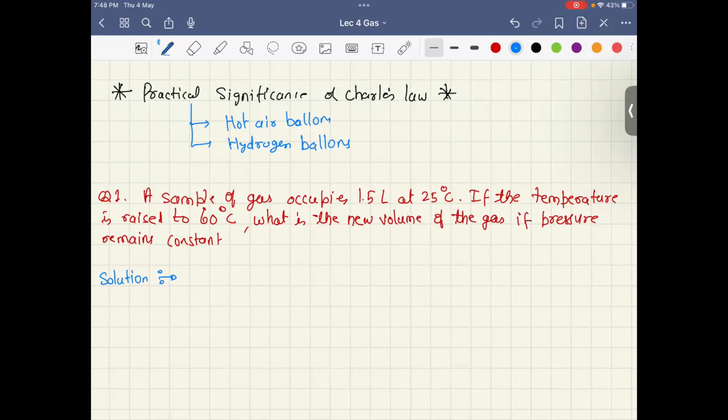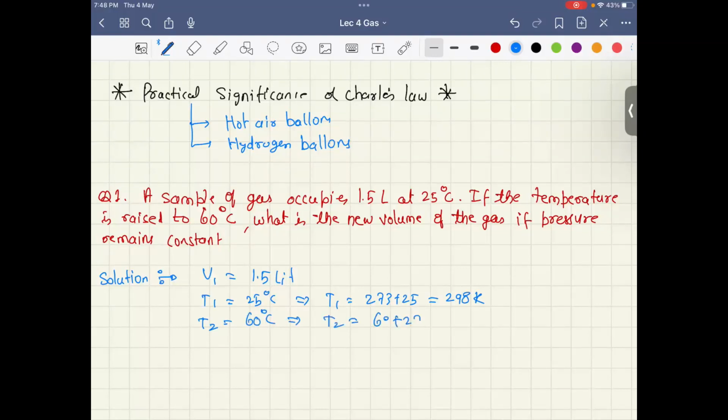So what we are given is V1 as 1.5 liter, and temperature T1 is 25 degrees centigrade, that is nothing but 273 plus 25, which is 298 Kelvin. T2 we have been given as 60 degrees centigrade, which implies T2 is 60 plus 273, which is nothing but 333 Kelvin. And we are asked to find V2.